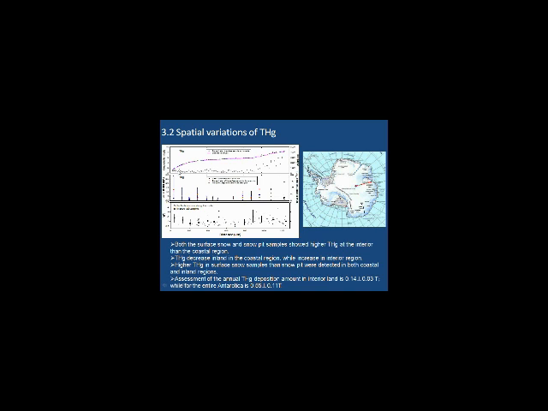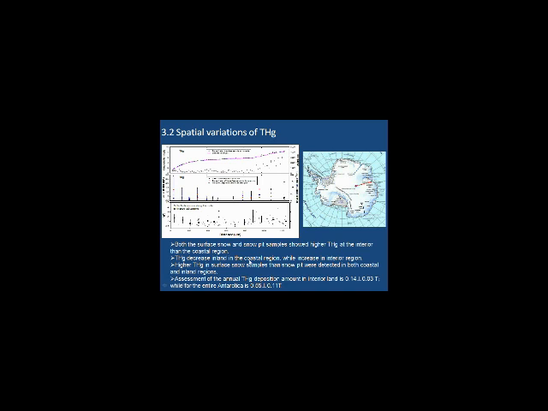with increasing distance in the coastal region, it showed a decreasing trend for both the surface snow and the snow pits. But inland, it showed an increasing trend with increasing distance.